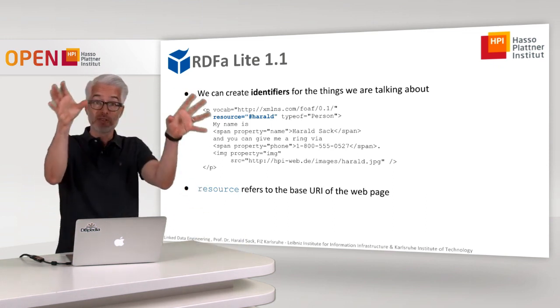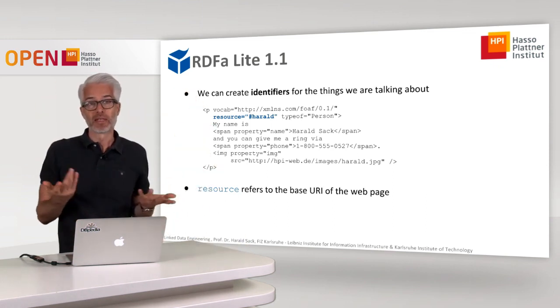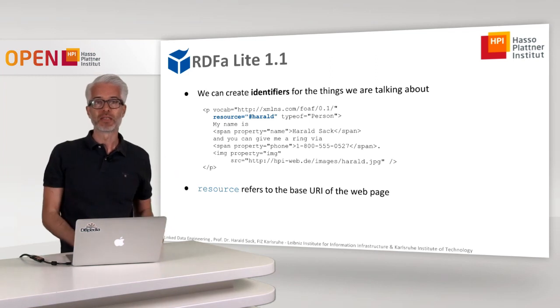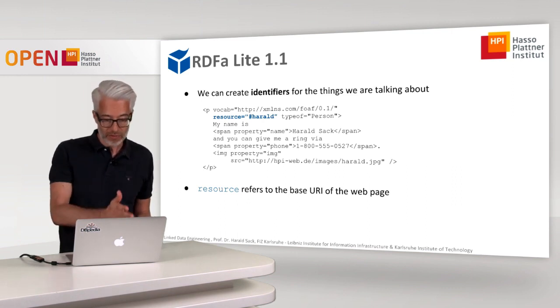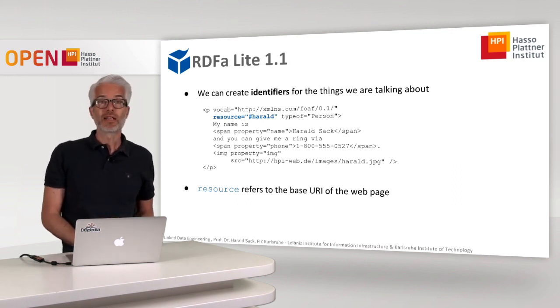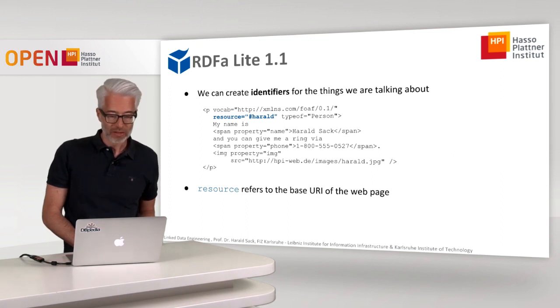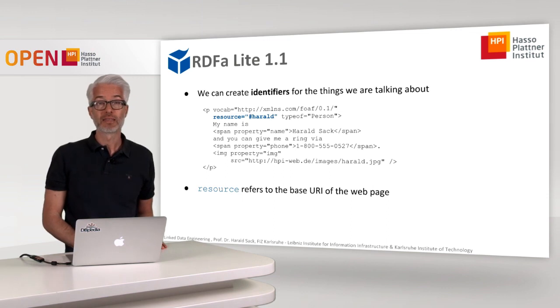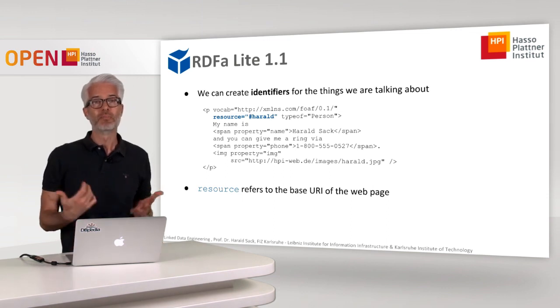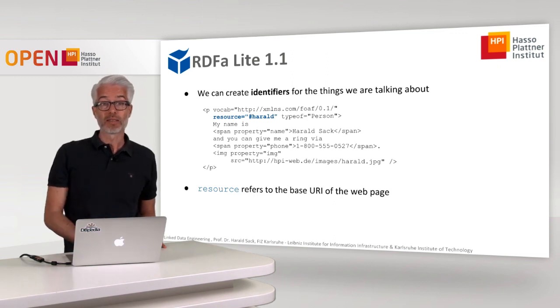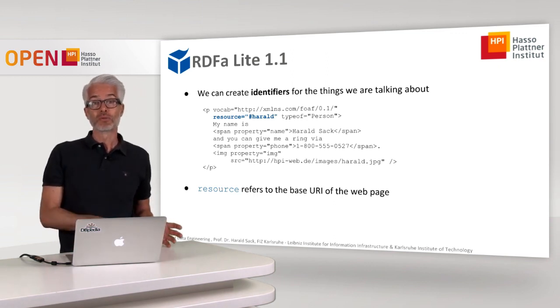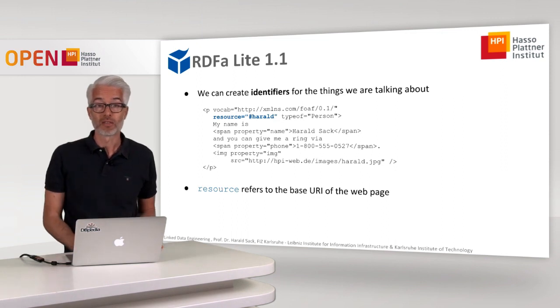So what we have defined here is something like a blank node, which is of type person and so on. But what I can do is really define a resource here. Therefore, I have the attribute resource. I use it simply as a second attribute in my paragraph tag and say, okay, here I'm talking about me, myself, something which is called Harald. And the base URI that you have here usually refers to the URI of the web page we are talking about.